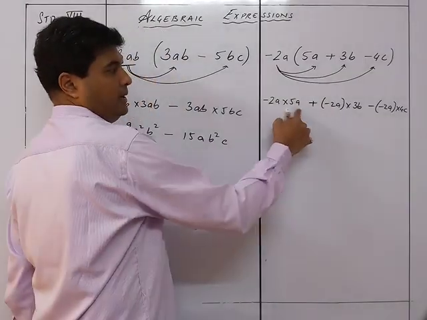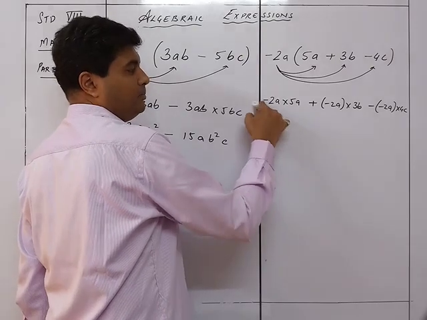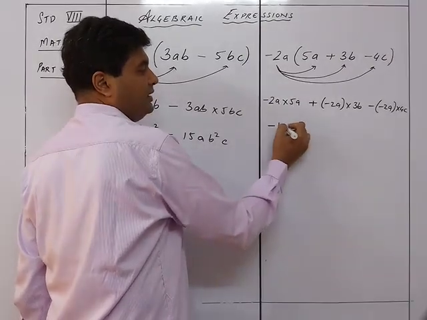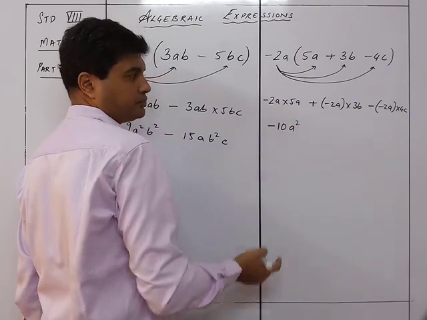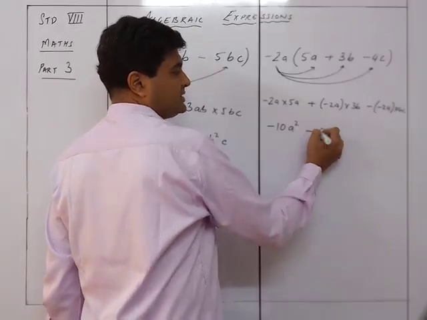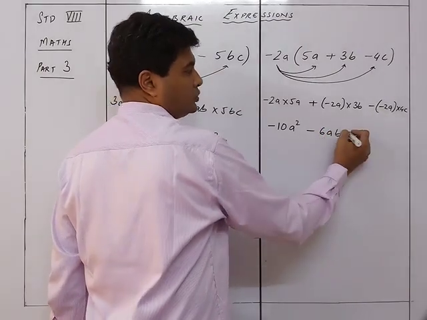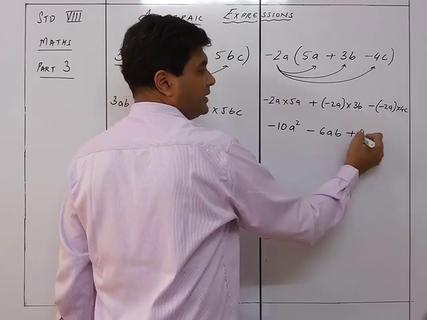Multiplying this up, 5 2s are 10, minus sign. So minus 10a square. 3 2s are 6, minus 6ab. Minus into minus is plus. So plus 4 2s are 8, ac.